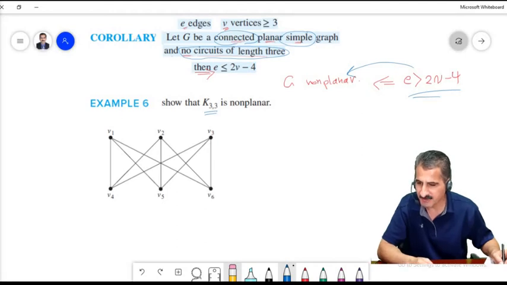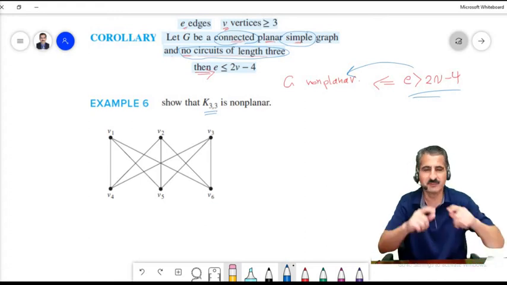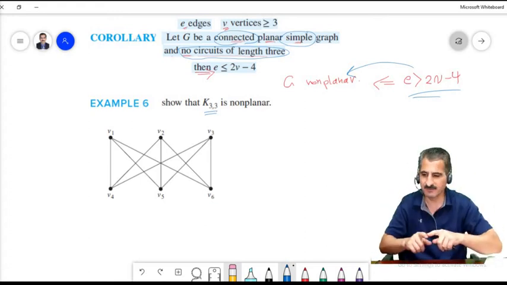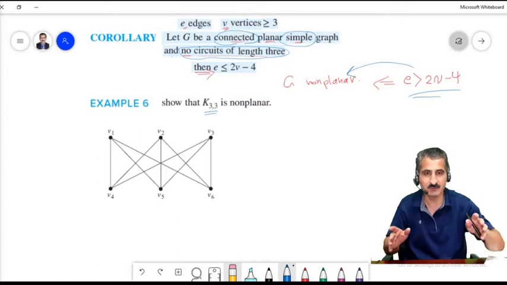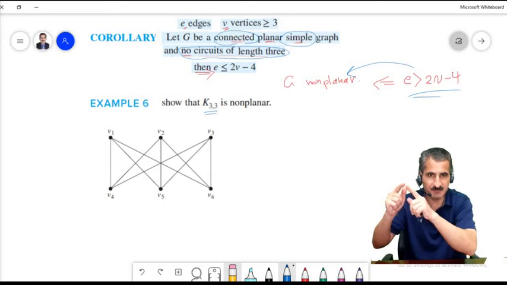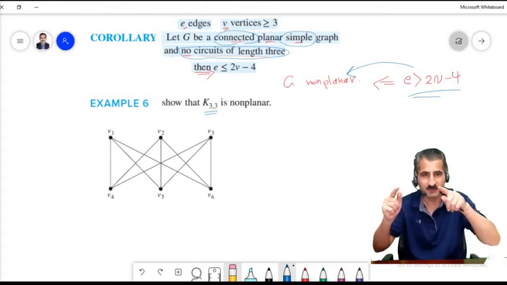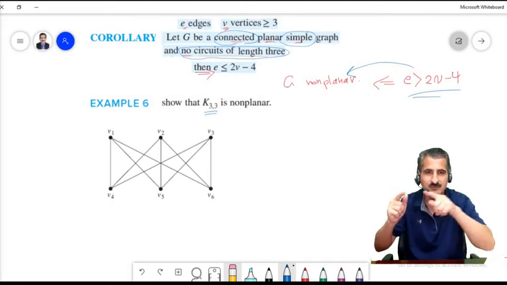So shall I try again? Okay, we have V1, V2, V3, V4, V5, V6. If we want to make a circuit of length 3, we go from the vertices above to below, then come back to above. Then to close the circuit, we must go back to V1. But you see the vertices up there are not connected.